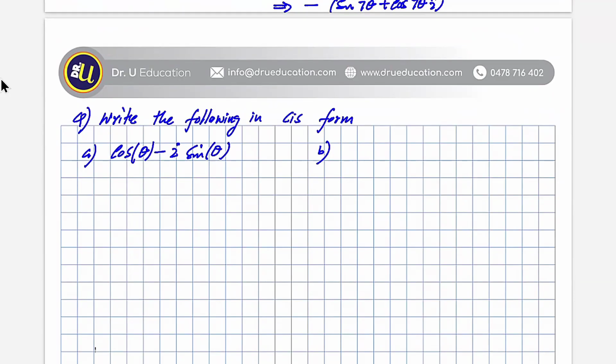Next one, sin theta minus I cos theta. Okay, let's go for it.